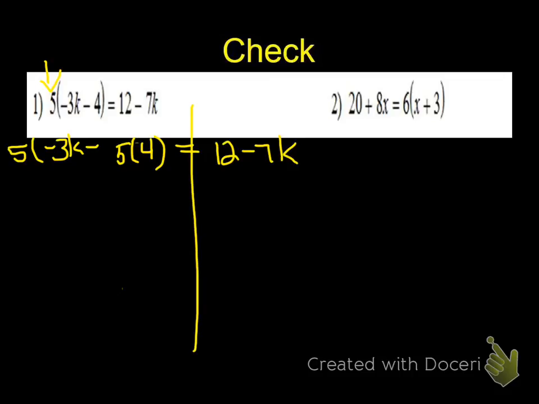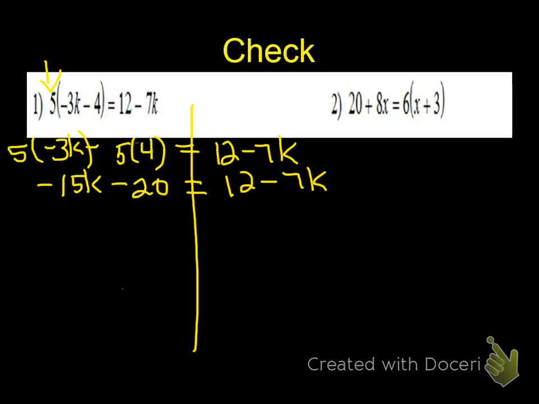Now we'll redraw our line out here. So 5 times negative 3 is negative 15, and let's not forget the k, so negative 15k minus 20, because minus the 5 times 4, which is minus 20, equals 12 minus 7k.